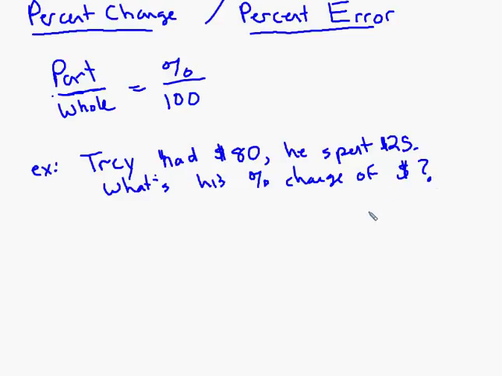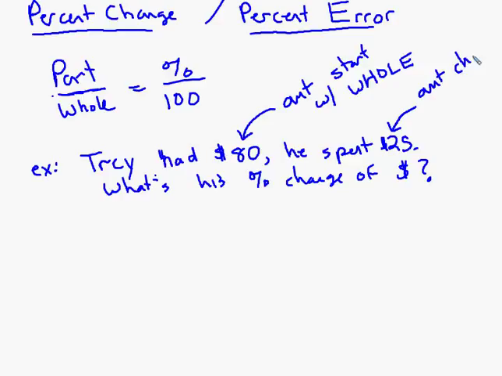Now, you wouldn't just subtract those and say 55. The amount he starts with is the whole. Whatever you start with, that's your whole. And the amount he spent, the amount of change, that's the part.